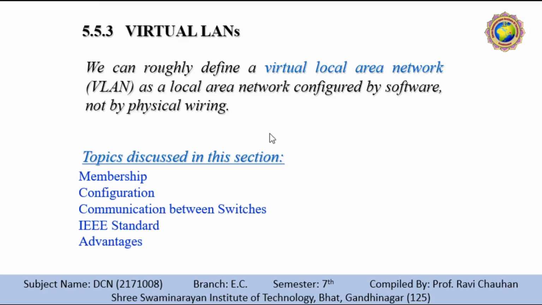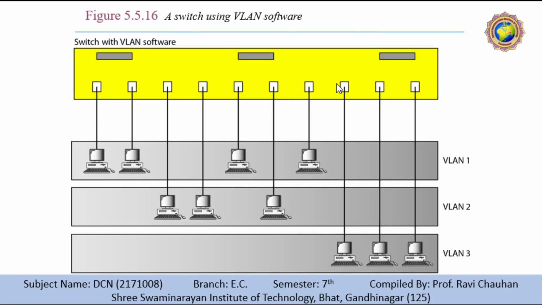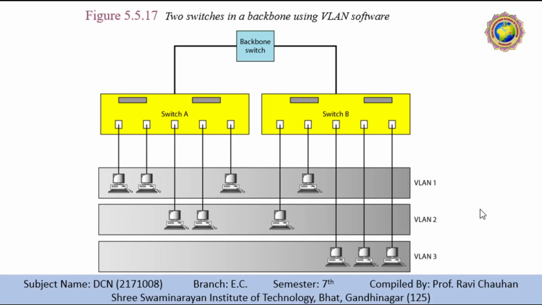After that, we introduced virtual LANs. We defined 3 LANs with the help of physical links, and then the solution of virtual software LANs. Two switches in a backbone using VLAN software.